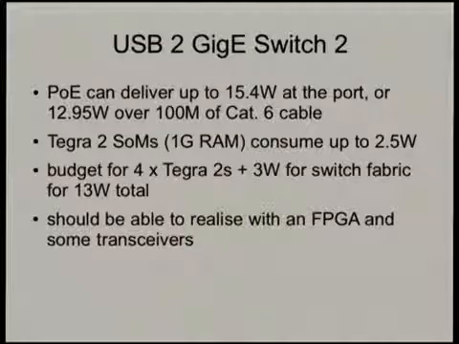Gigabit networking generally uses a reasonable amount of power, just because of the voltages and signalling involved, and the switch fabric, and the USB transceivers, of course. And so the intention is to realise that with an FPGA and some transceivers, a gigabit network transceiver and 4 USB 2 transceivers.